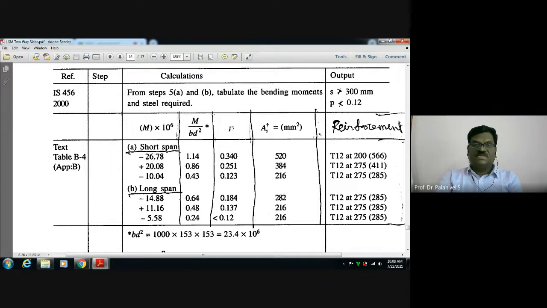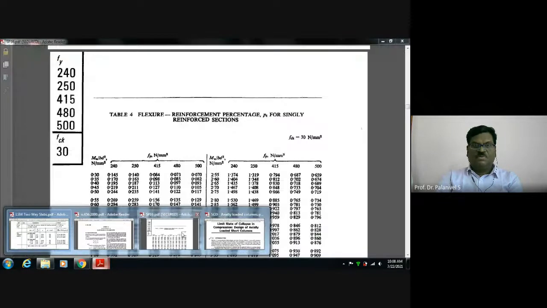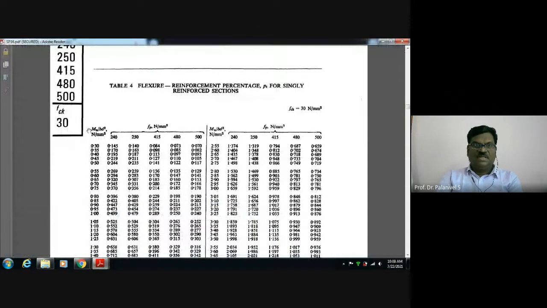Then the percentage of steel. He referred to SP16 Table 4. Why? Is it M25 grade concrete? Of course, you know, because several times you have seen how to refer M by BD square, for 415 steel, how to get the percentage of steel, the reinforcement percentage PT for a singly reinforced section.